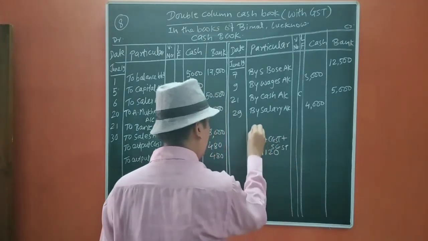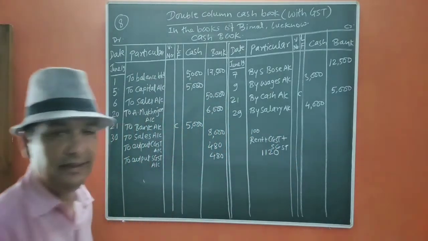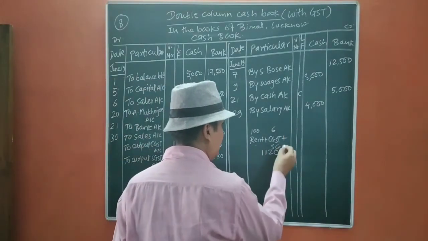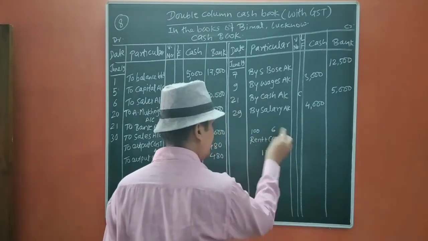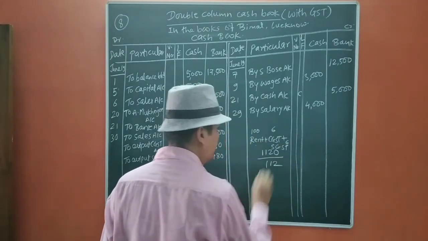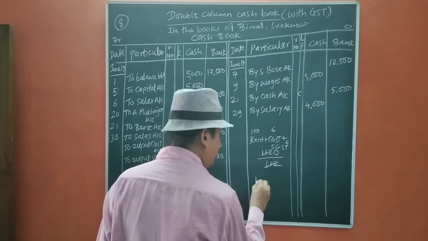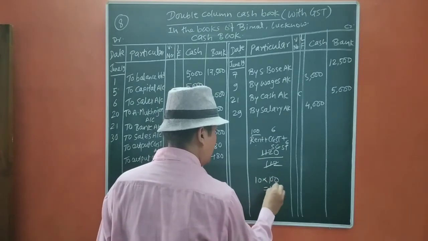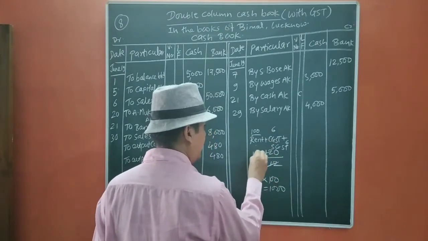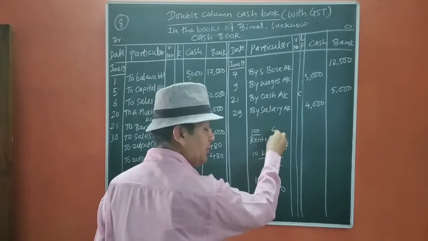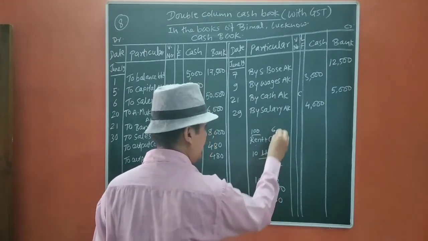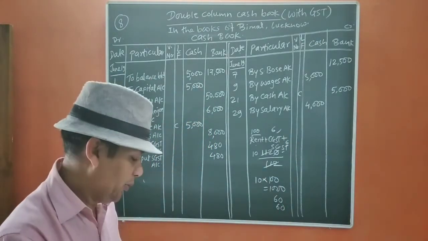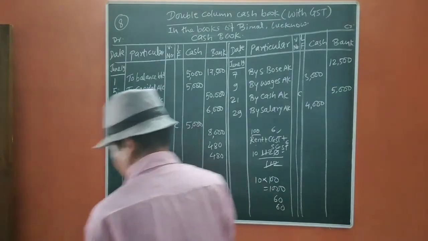So suppose my rent is 100 and on that 6% is CGST and 6% is SGST, that means it is going to be 112. So 10 into 100, 1,000 is my rent amount and 10 into 6, 60 is CGST amount and 60 is SGST amount. You should remember whenever included is given.